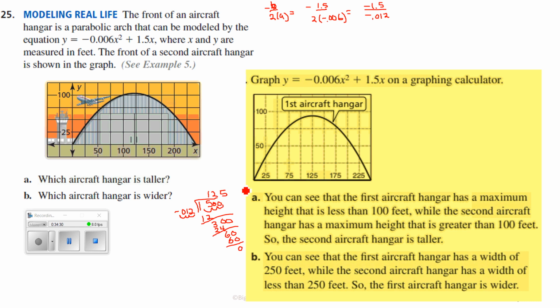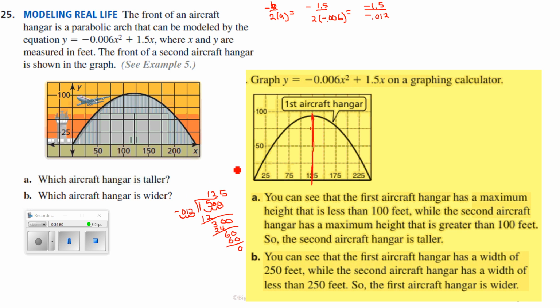So now I know my axis of symmetry was 125. And you can see that in the picture. Look right here. Here's 125. And there is my axis of symmetry. Okay?